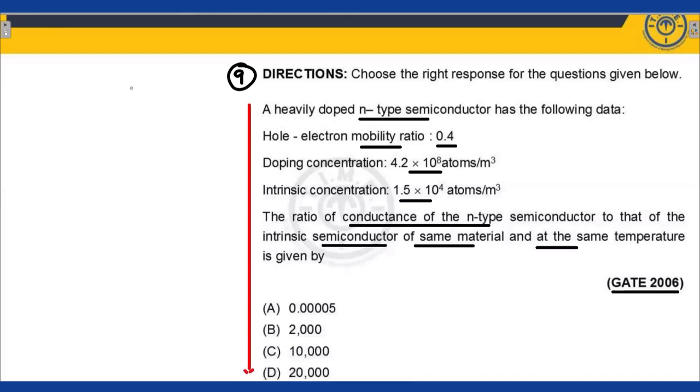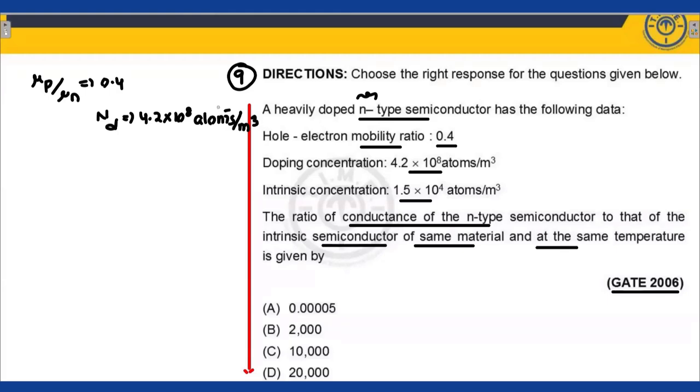He has given mu p by mu n, which is hole to electron mobility, 0.4, and the doping concentration. Because it is n-type, ND is there, n-type semiconductor, per meter cube.